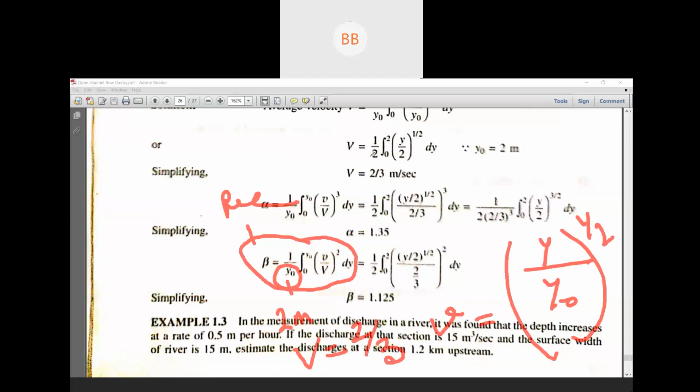Here we have already calculated the average velocity. Similarly, we are going to substitute here, similar to your previous case, and then we are going to integrate and see if you find out the value of beta is 1.125.